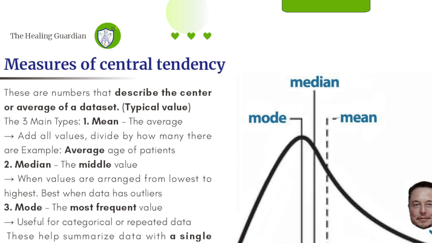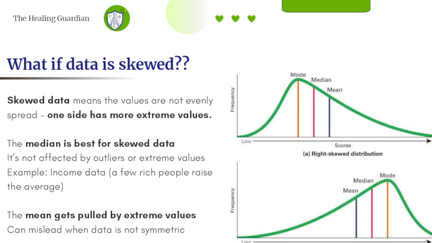So all of these 3 can be used to measure central tendency. So the question will be, when do I use this? When is this one most appropriate? It depends on the appearance of the data.